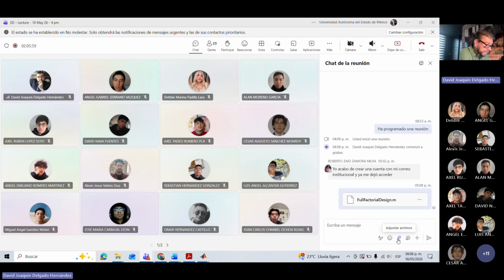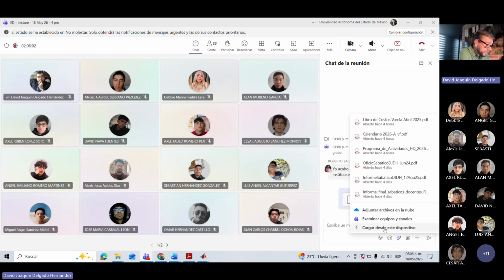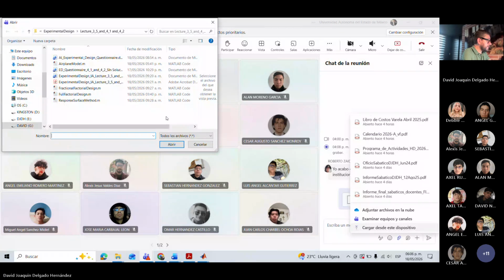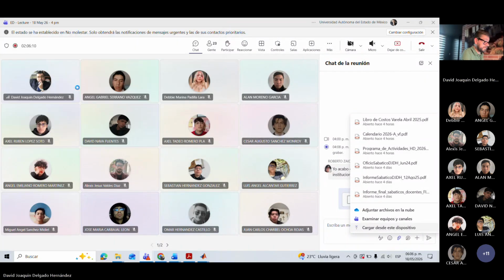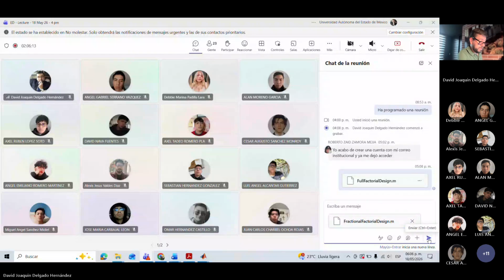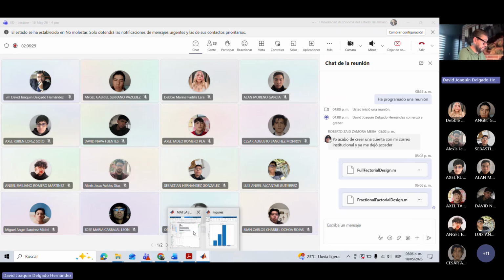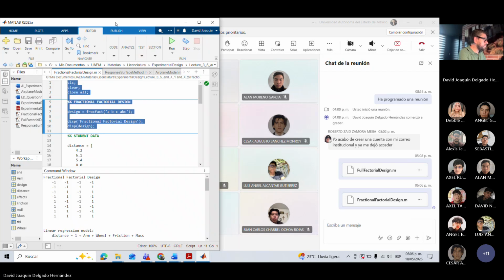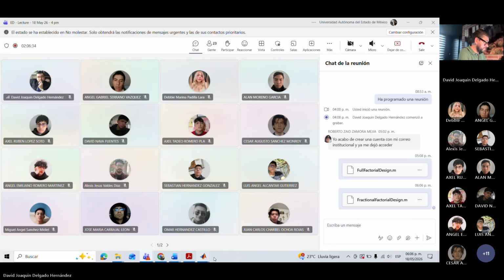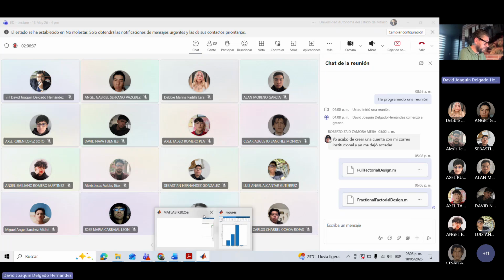Please download this script, this file, and run it in your Matlab, either online or in your computer.